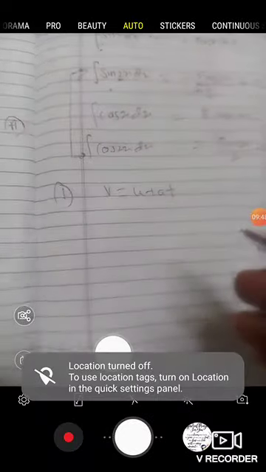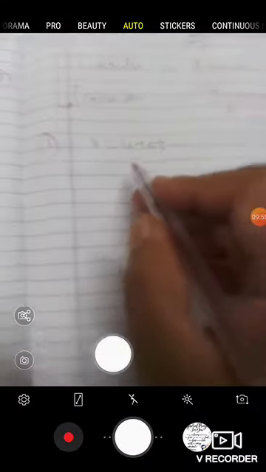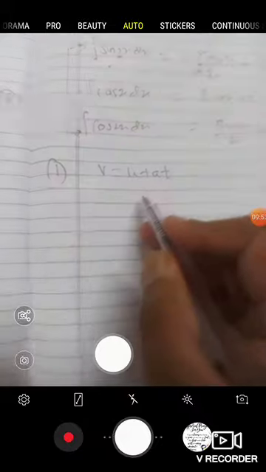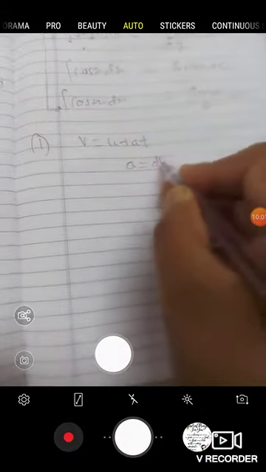Then for that derivation I will use this format. As we know, a is equal to dv by dt.